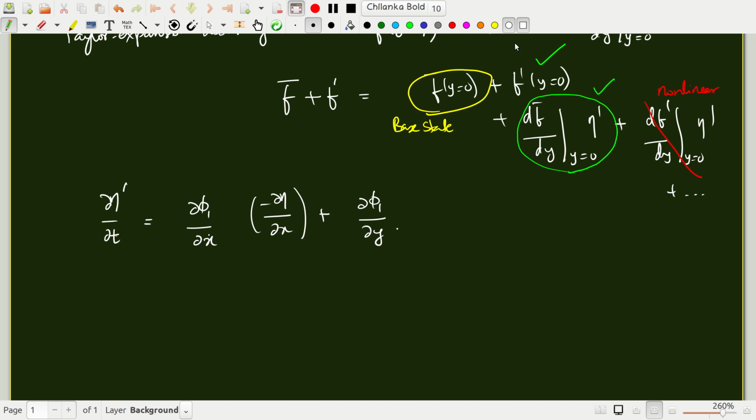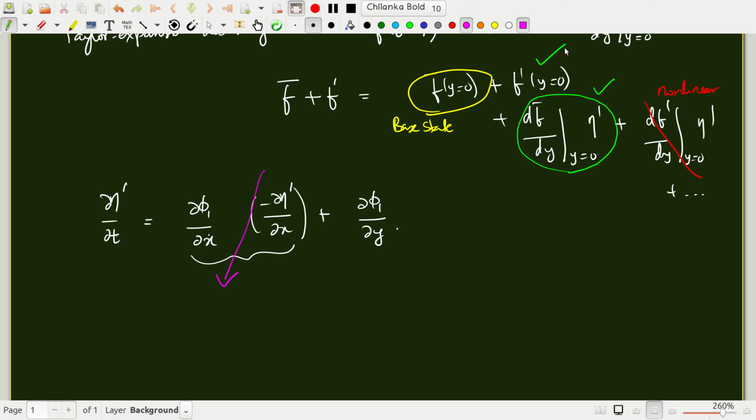Now when we do a linearization, in the base state the velocities are 0, so the base state velocity potential is 0. So if I were to linearize, this is 0 and this will be non-zero because η is a perturbation quantity, but it is multiplied by 0, so this is not going to contribute in this problem.